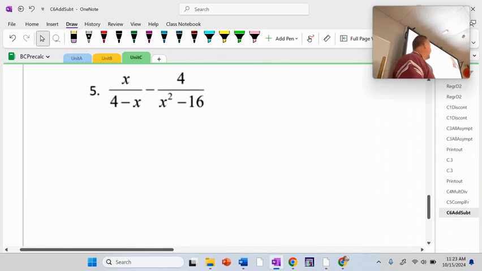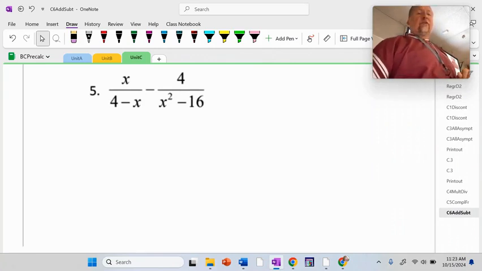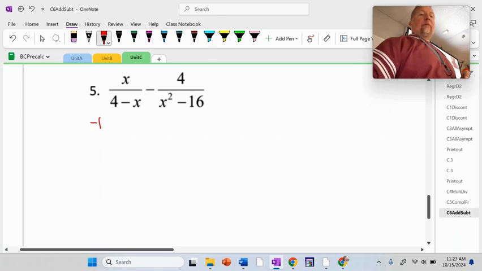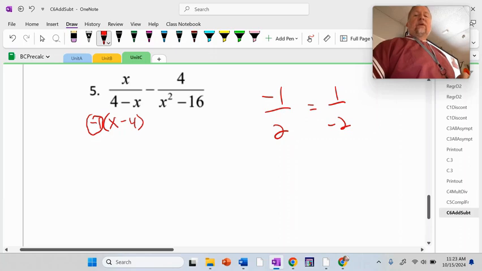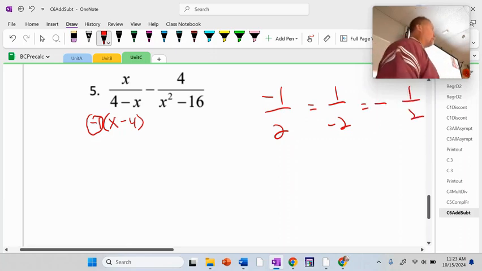That's gonna be fun. Okay, then the last one. Hey, 4 minus x. What do you think you're gonna do about that? What does 4 minus x become? Okay, negative 1. Now, for the purpose of doing the subtraction, note that negative 1 over 2 equals 1 over negative 2, which equals negative 1/2, a big fat negative out in front.